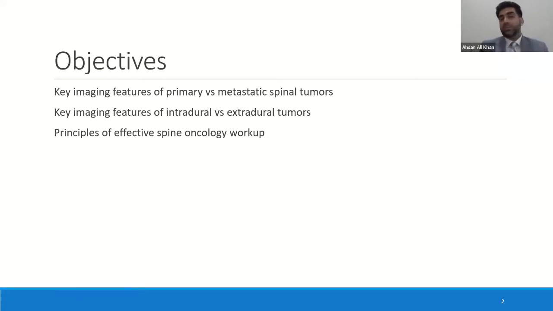Maybe a few of you will feel this is very simple and basic, but I want to deliver a talk that will cover the key imaging features of primary and metastatic spinal tumors, focusing on different compartments of the spinal tumors like intradural and extradural, and how, when we get those tumors, we get to the diagnosis that would ultimately lead us to the best management plan that we can offer to our patients.